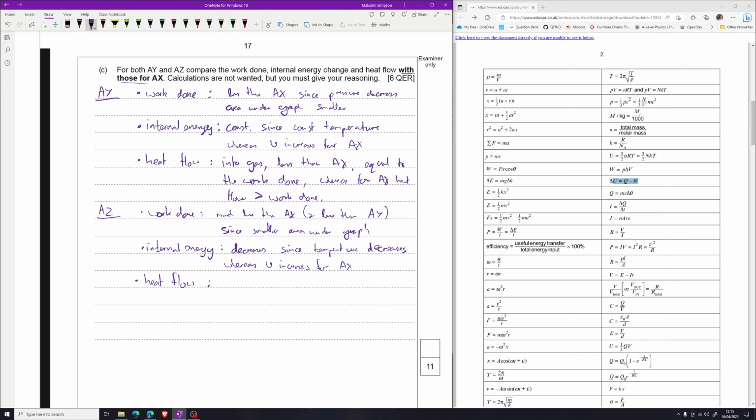And then finally, heat flow 0, whereas heat flows in for AX.